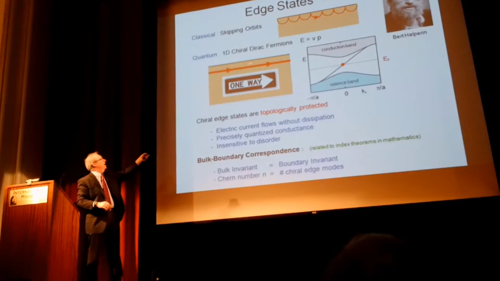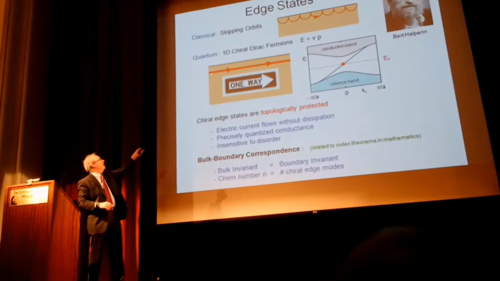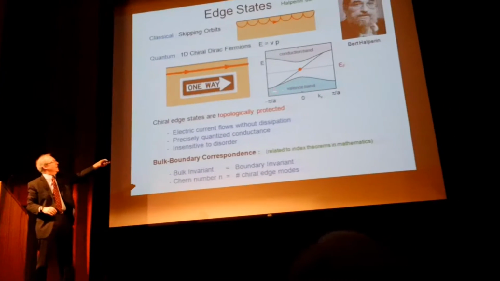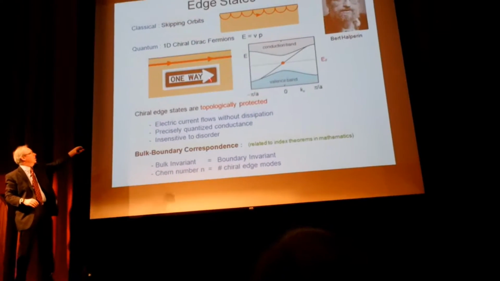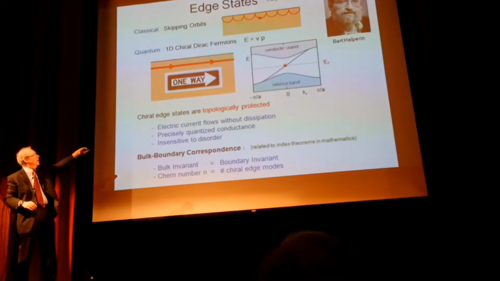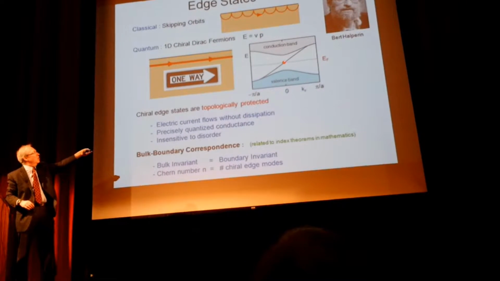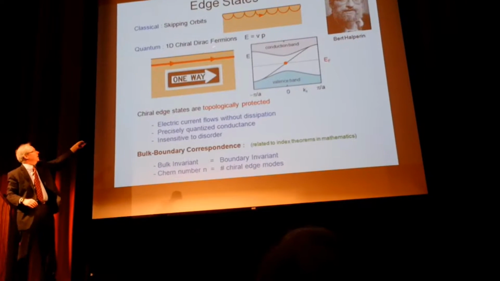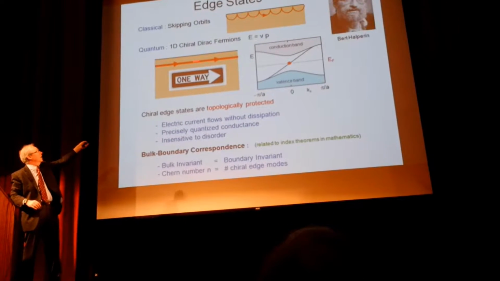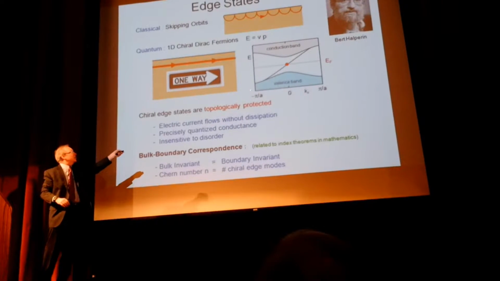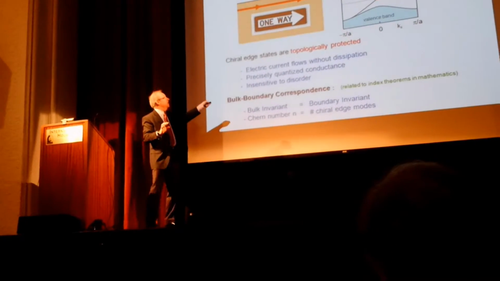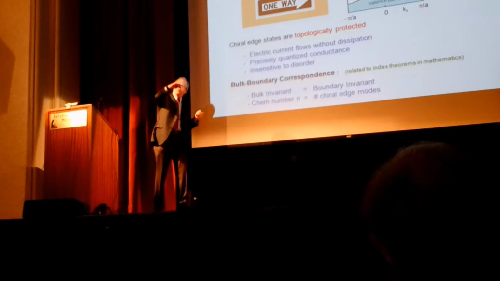And if I think about the energy levels that the electrons can have in the vicinity of this edge, there are, of course, the valence band states, which are occupied in the interior of the sample, and the conduction band states, which are unoccupied. But then there is a single band of states that connects the valence band to the conduction band that are localized near this boundary. And these edge states have the special property that they are only propagating from left to right. Okay, so they're going one way.